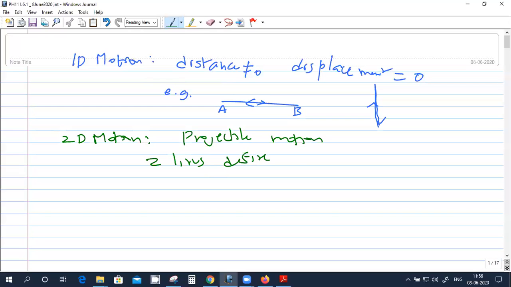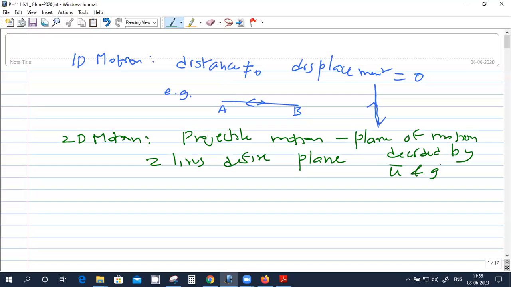So in projectile motion, what is the plane? The plane of motion is stated by what? X and Y axis. No. The direction of.